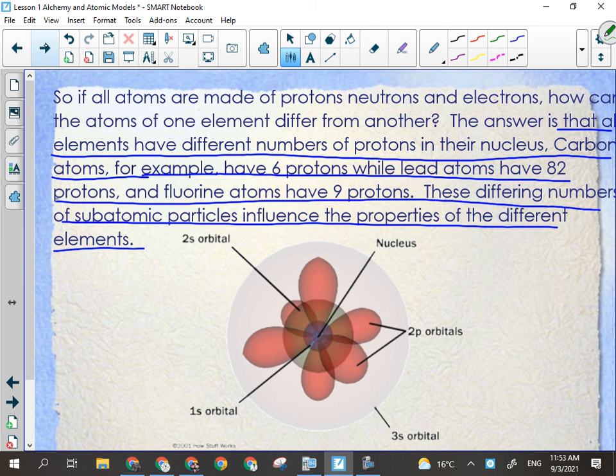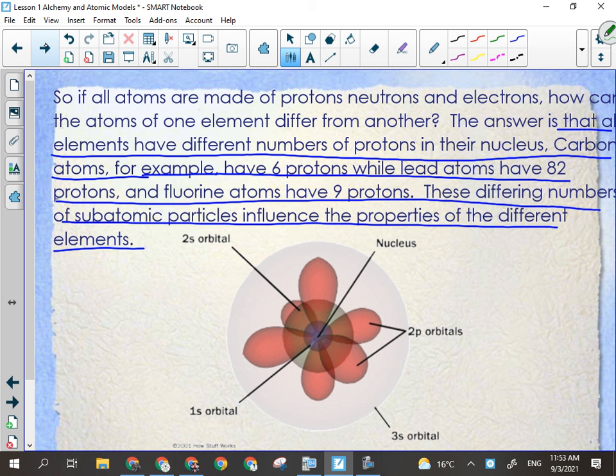Okay? Its atoms contain 11 protons, 12 neutrons, and 11 electrons. Okay? The properties of sodium are based on the number of protons in the nucleus. Okay? So if you have an atom that has 11 protons, it will have all the properties that sodium does. Okay? The number of protons determines the properties.